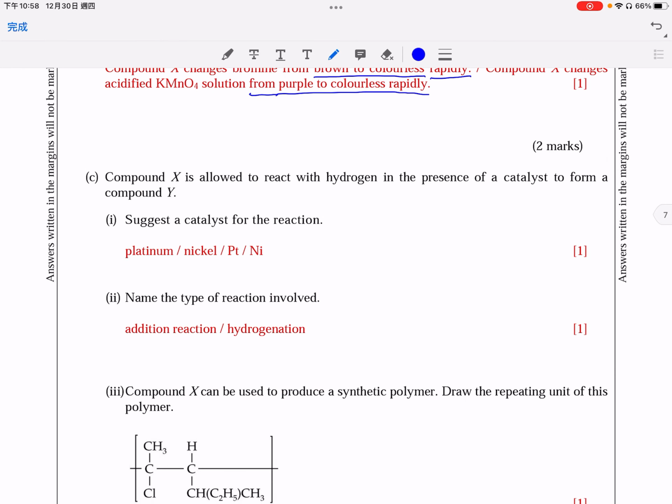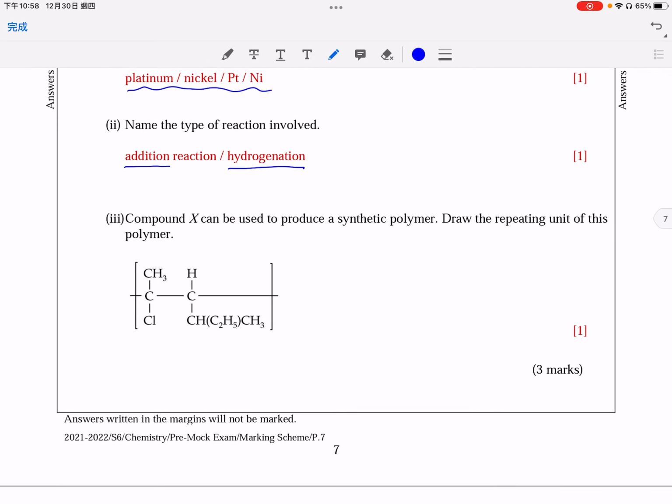Part C. Catalyst, either platinum or nickel. Name the type of reaction, addition reaction or hydrogenation. The last part, draw the repeating unit. I found quite a number of you made mistakes.